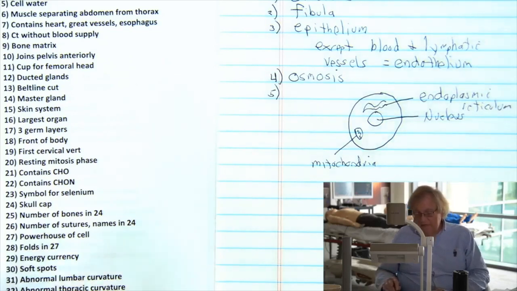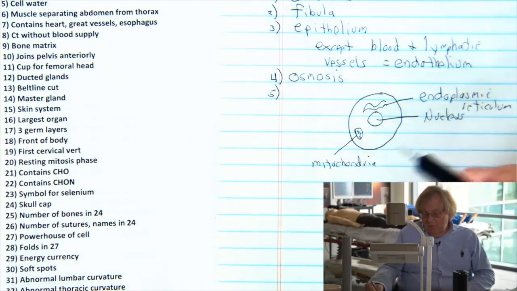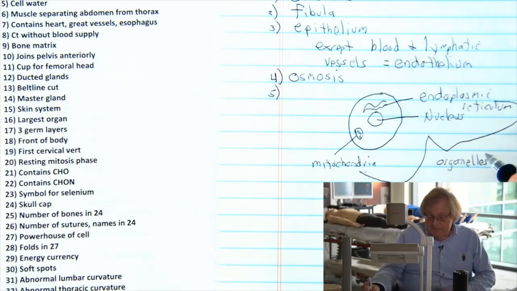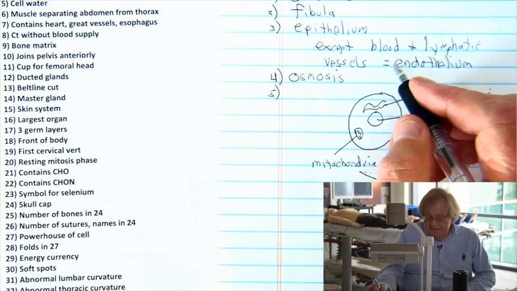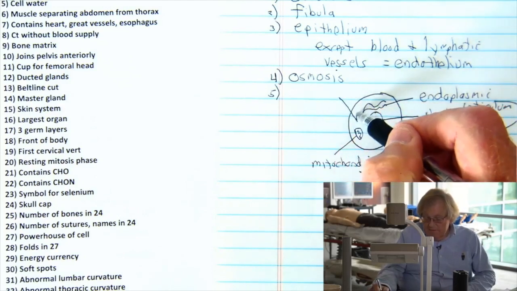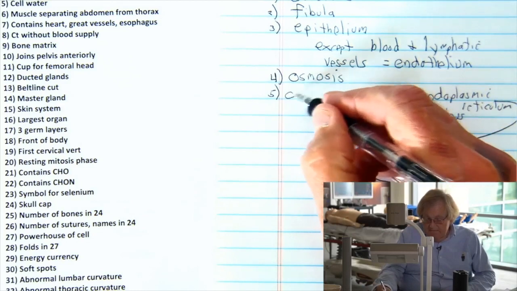But the significance here is that all of these are organelles, or little organs. And they have to be sitting inside of something, so what they're sitting inside of is the cell water. Of course, that cell water is going to be the cytoplasm.